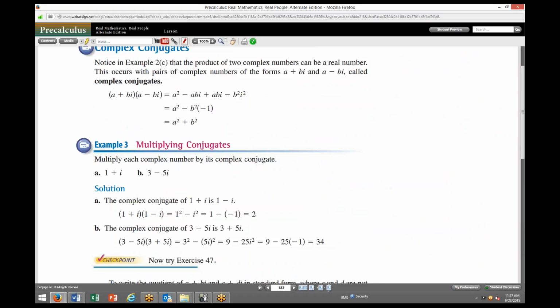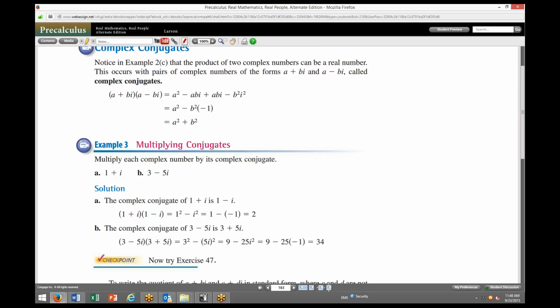So with the complex number 3 minus 5i, the a and the b are 3 and negative 5. And so 3 squared is 9, and negative 5 squared is 25. Any positive or negative number squared is positive. So 3 squared plus 5 squared is just 9 plus 25, and that's 34, which is the answer.